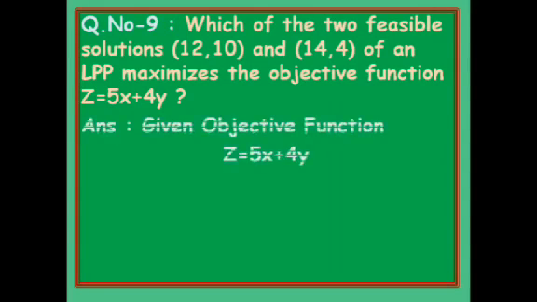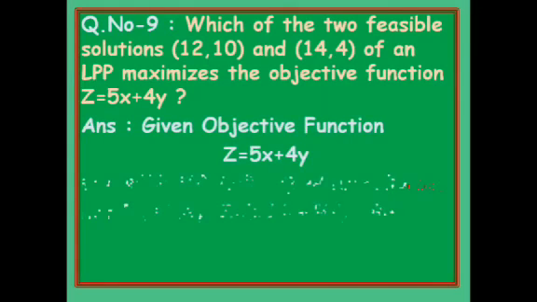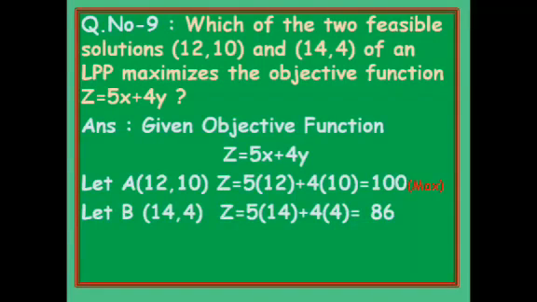Solution. Given objective function is z equal to 5x plus 4y. Let A be 12,10 and B be 14,4. Look at the cursor. Here 12,10 and 14,4, whatever is given, let us observe as A and B. Let us substitute these values.